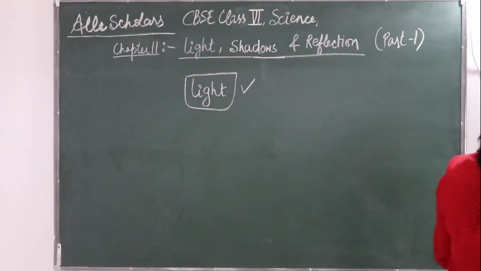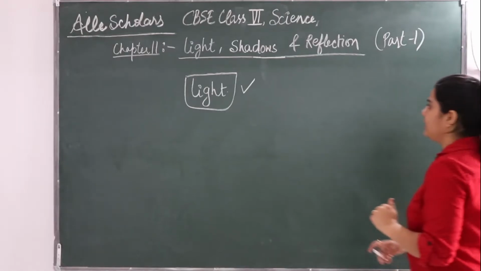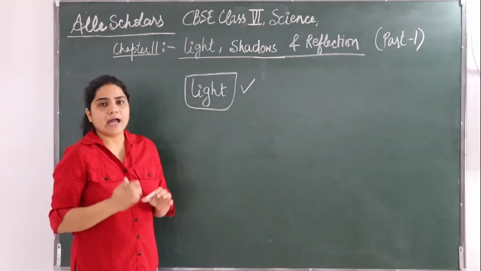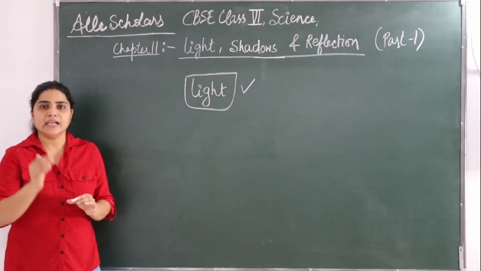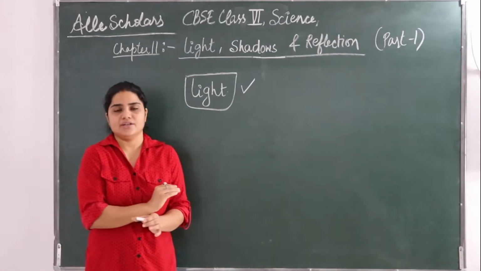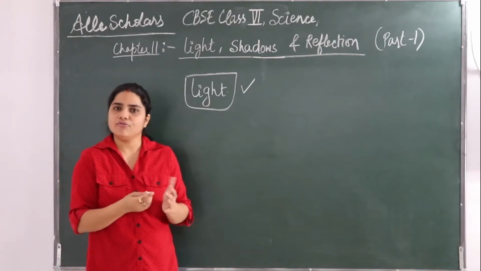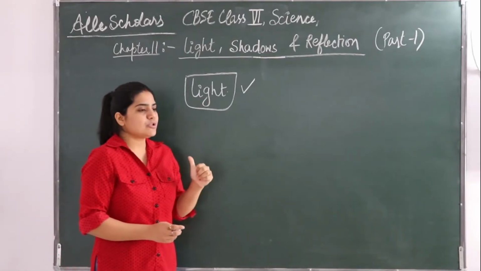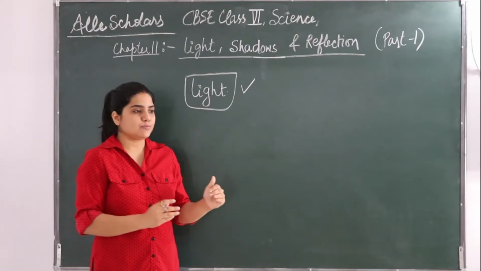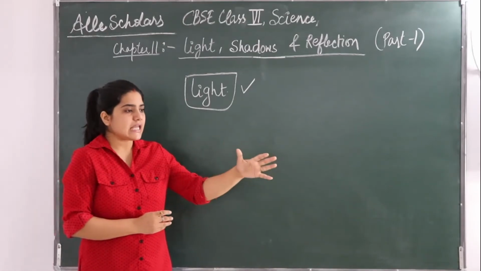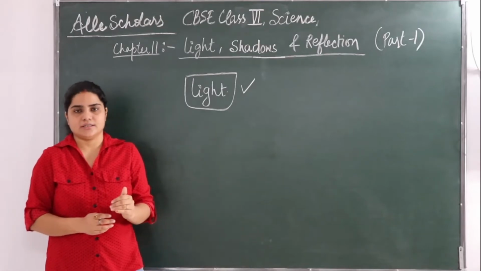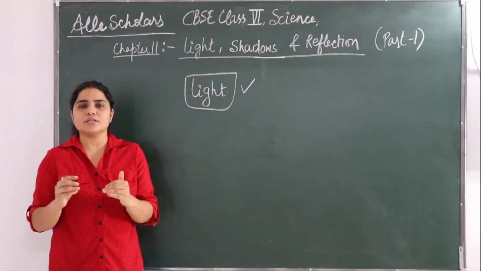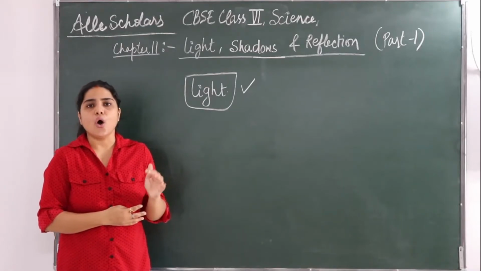Okay? So how are you going to define the term light? Light is a form of energy. Light is also a form of energy. And it is responsible for what? It is responsible for seeing objects around us. So light is a form of energy responsible for seeing objects.